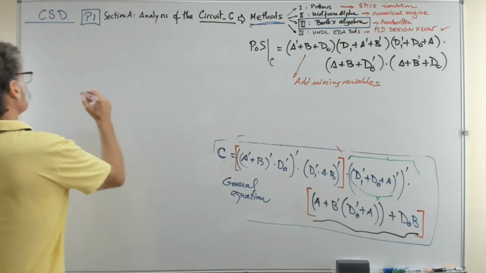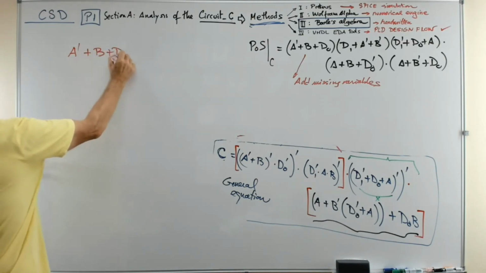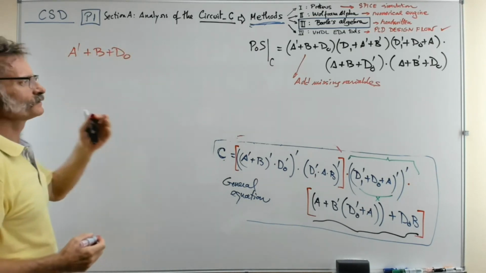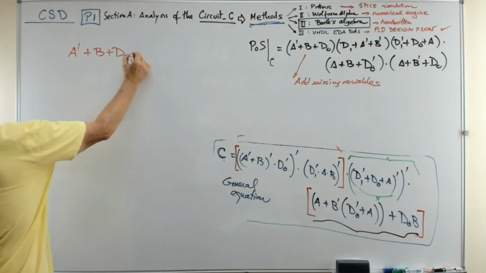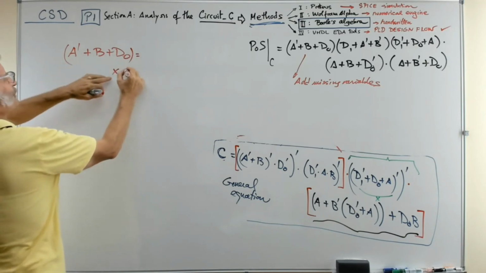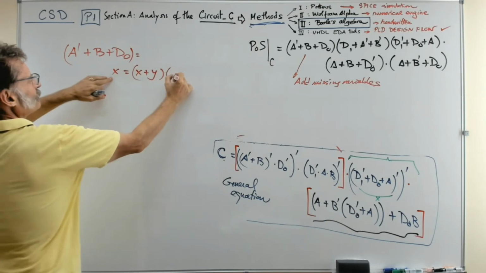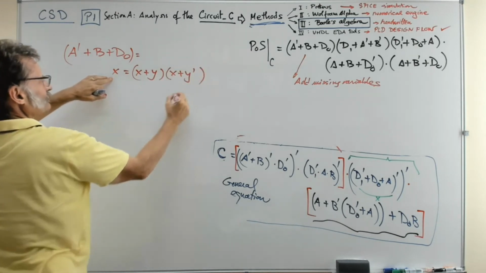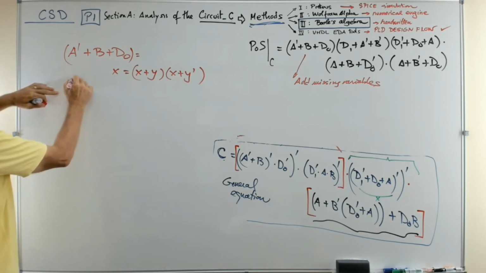So if you've got a term like this, A naught or B or D0, and you'd like to get a max term, you know that X is the same as X or Y naught. So if you've got that in mind, now you can very well write it.